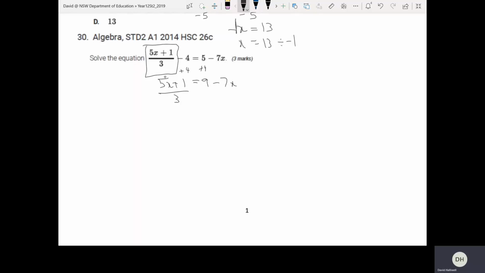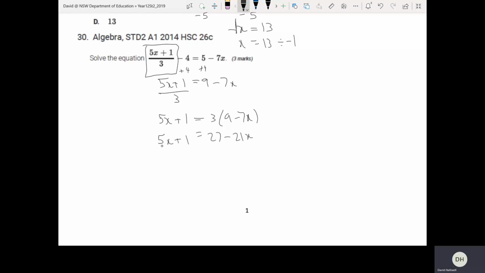And then what's nice, because the left side is one fraction, we can multiply both sides by 3. And multiplying by 3 on the left will remove that over 3. Multiplying by 3 on the right, I'll use brackets because both parts need to be times by 3. Expand the brackets. 3 times 9 is 27. 3 times 7 is -21x.